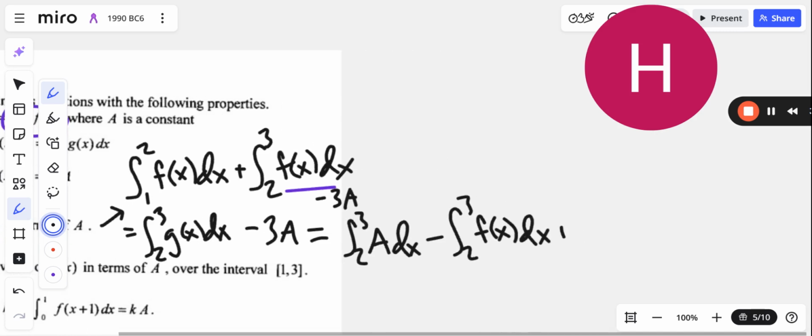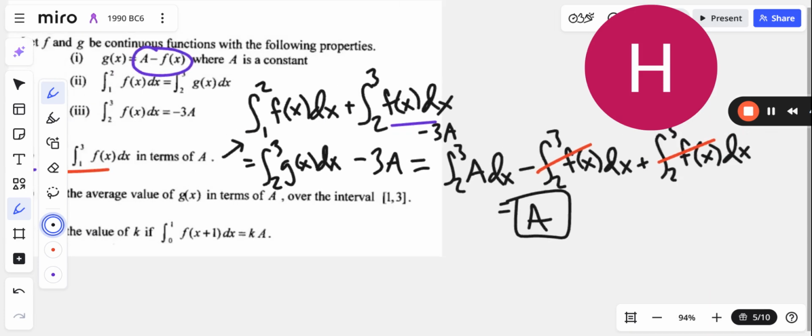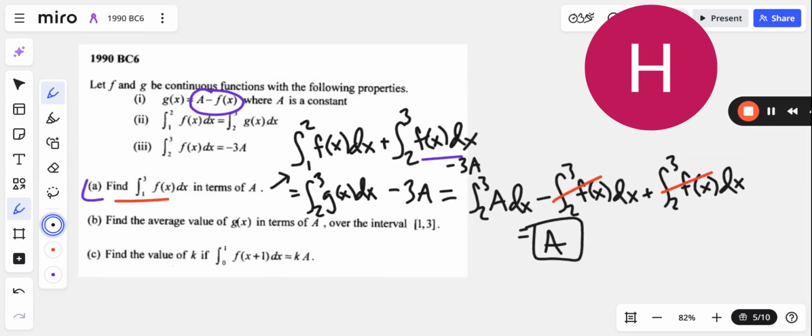But then we had added the integral from 2 to 3 of f of x. I noted that it was equal to negative 3a, but I think it's just more clear if we simply cancel these right here, right now. And the integral from 2 to 3 of a is simply 1 times a, or just a. So it's definitely in terms of a.